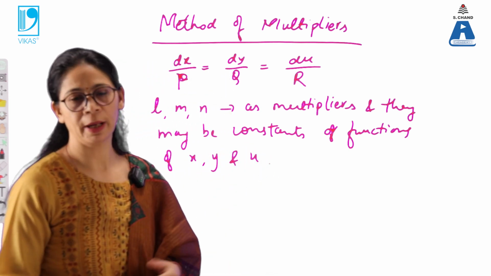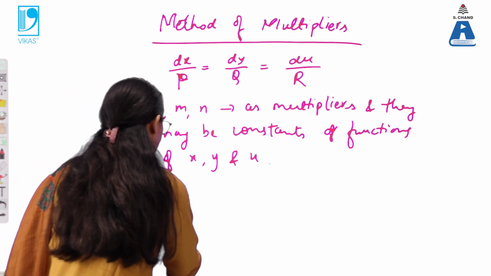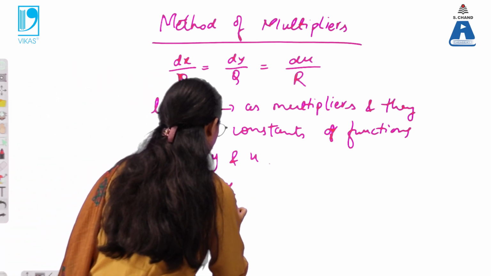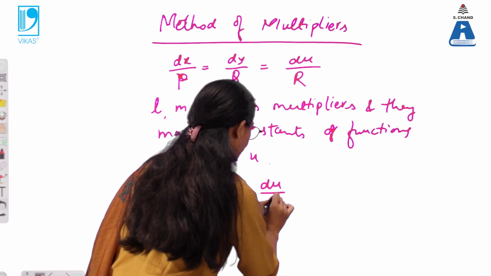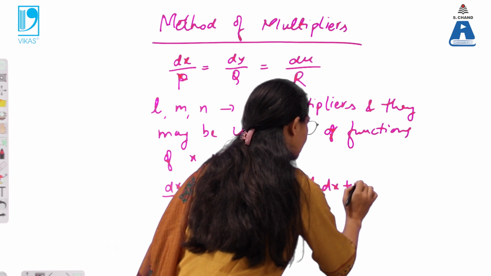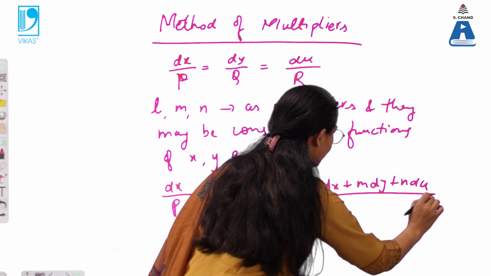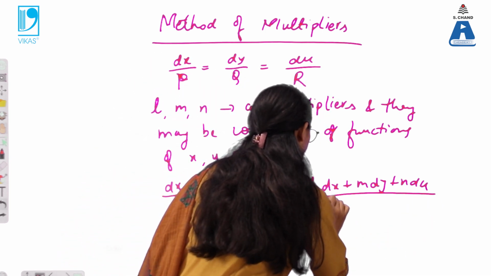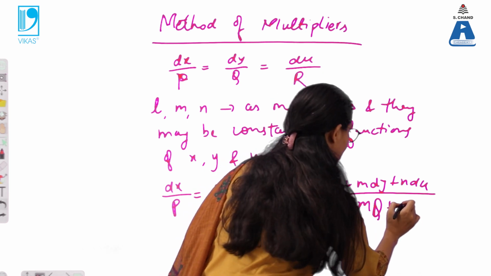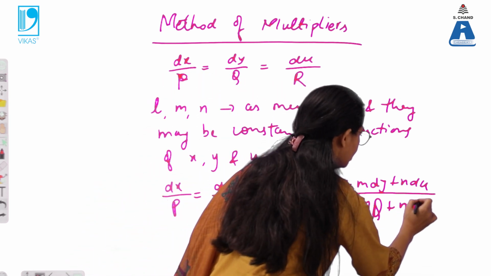In that case, we will write the auxiliary equations as dx over P, dy over Q, du over R, and this will be equal to L dx plus M dy plus N du divided by LP plus MQ plus NR.